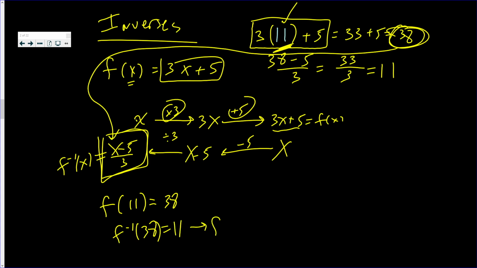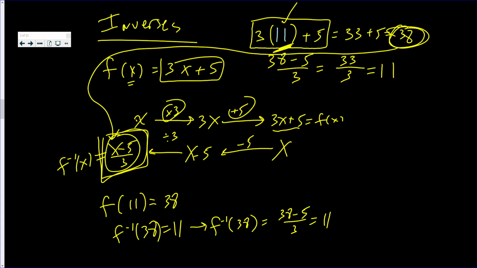And if you don't believe that, now f inverse is just the name of a function. It's not f, it's not g, it's not h. It's f to the negative 1. It's just the name of a function. Okay, so if I take f inverse of 38, and we just did this, f inverse says take away 5 from the number that's in the brackets, divide by 3.